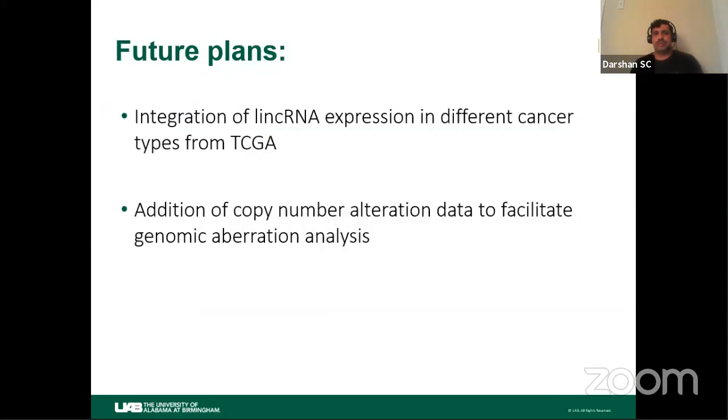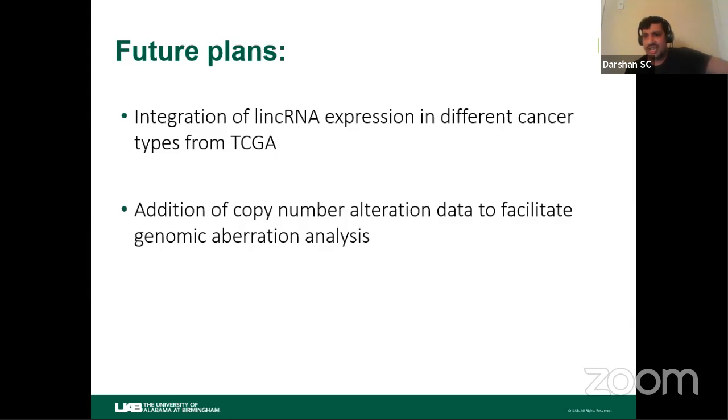As far as future plans are concerned, I'm actually working on the final stage of lncRNA integration. Currently, lncRNA is one of the key players in cancer biomarker discovery, especially for diagnostic purposes.